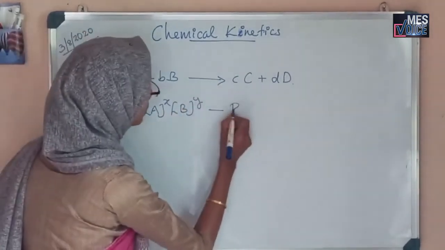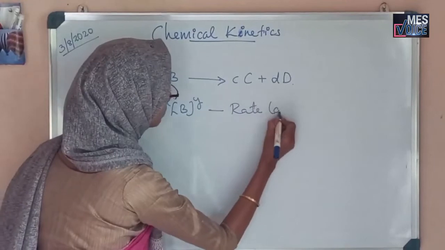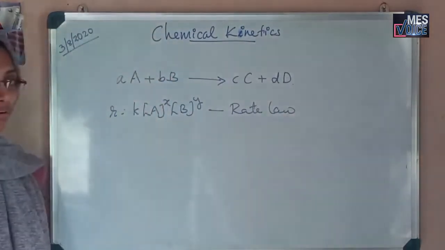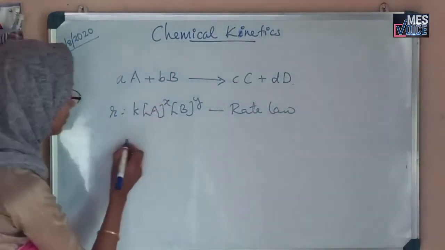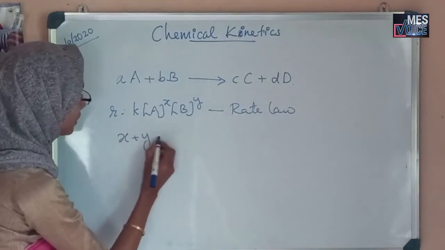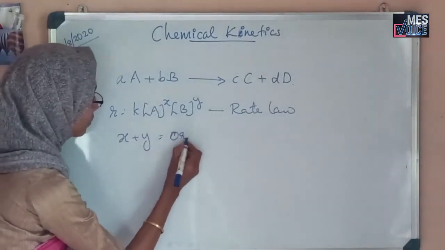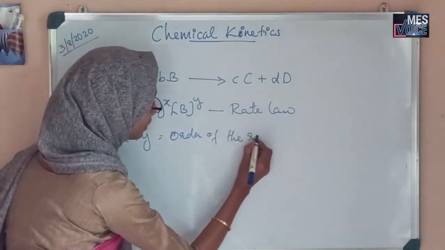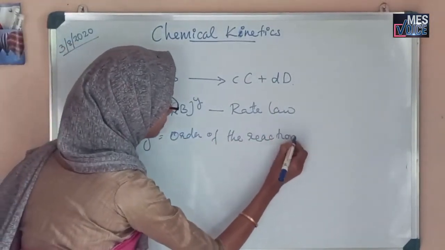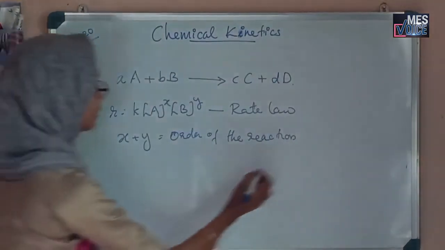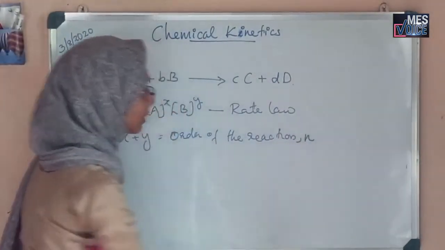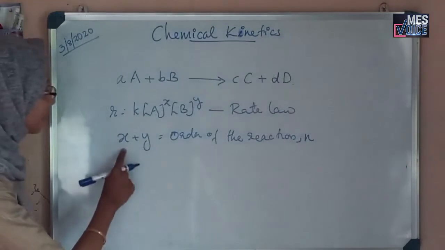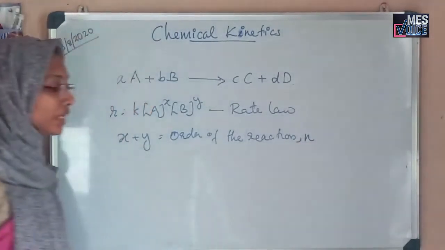This is known as the rate law or rate expression. The term x plus y is known as the order of the reaction. That is indicated with a small letter n. x plus y is known as the order of the reaction.